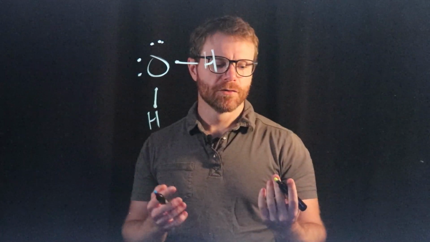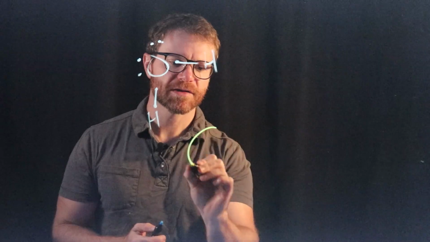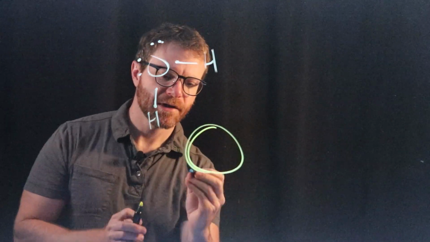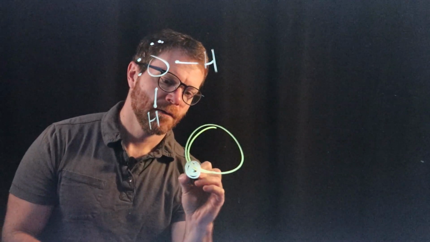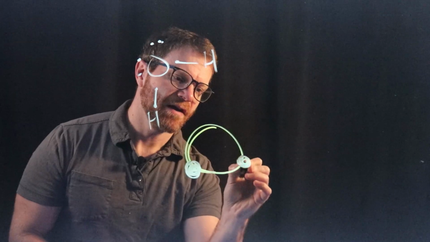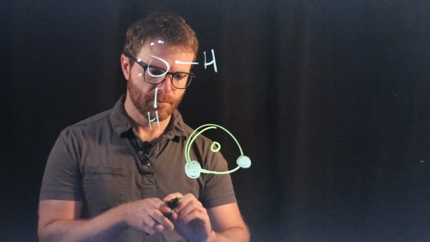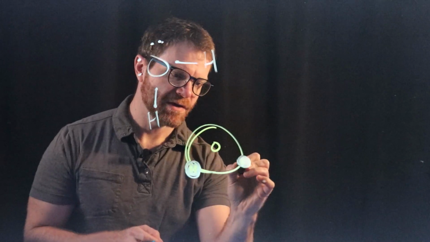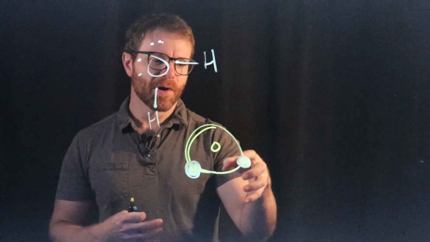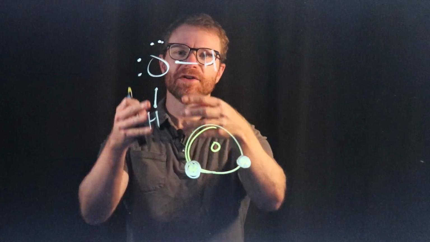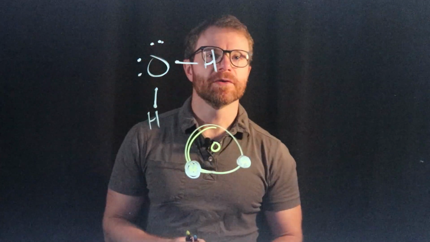If we were to draw this out, it might look something like this. We might have a big old oxygen with 2 little hydrogens stuck on it. Put little H's there. And so if I had a bunch of water molecules, I would have a bunch of these individual 1 O's and 2 H's.